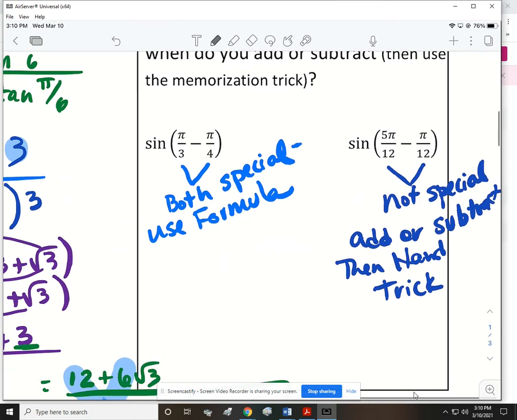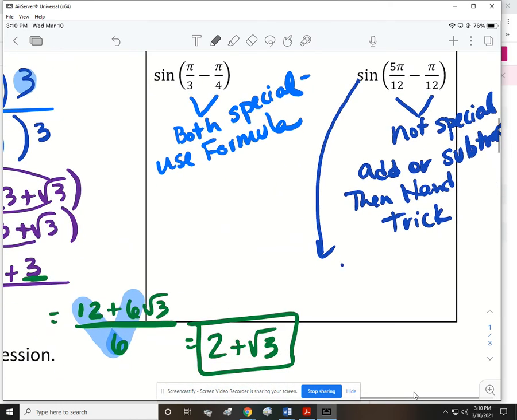Okay, so if I subtracted 5 pi over 12 minus pi over 12, that's going to give you 4 pi over 12, or the sine of pi over 4. And then you can just use the hand trick to do that.